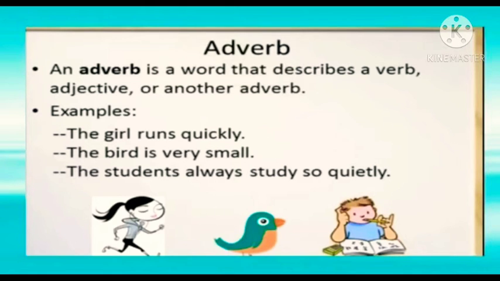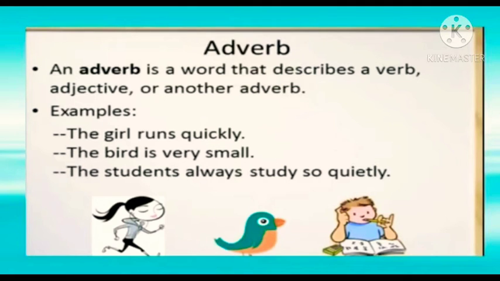For example, the girl runs quickly, the bird is very small, the students always study so quietly. So here also you can see first, quickly is describing runs, which is a verb.